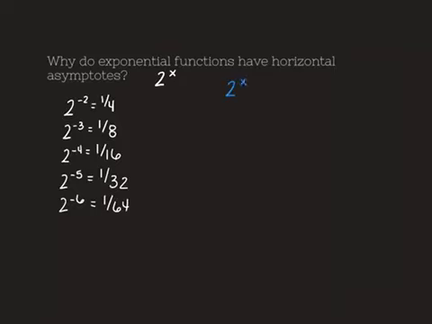So there is nothing I can plug in for x to make this function equal to 0, and notice all of these are positive, so I can't even make that function negative.